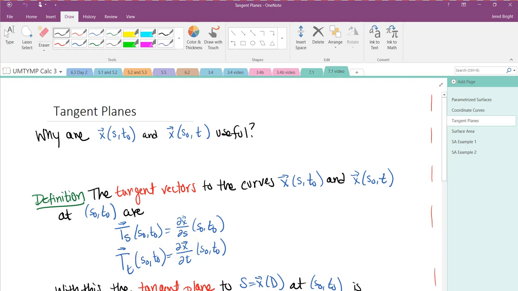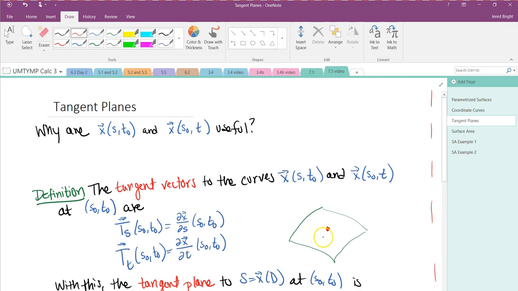The idea is that if we're looking at some surface, and I'm going to draw this little surface here, with a little curve here too, and then we connect it. On this surface we have a point x of s naught, t naught.